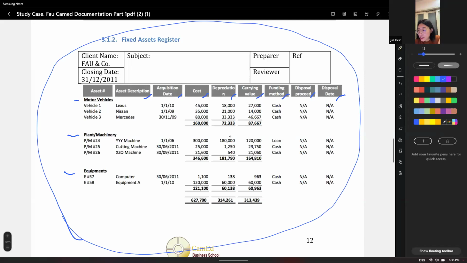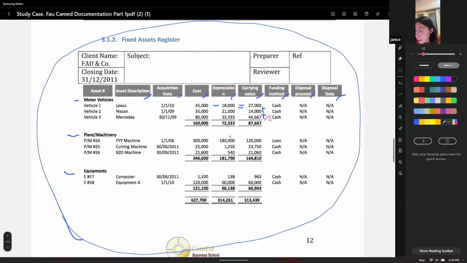So the first thing an auditor would do is see there are actually some additions, right? 45,000 minus 1,800 would equal 27,000. The same for different lines. And then 27 plus 14,000 plus 46,767 should equal 87,667.